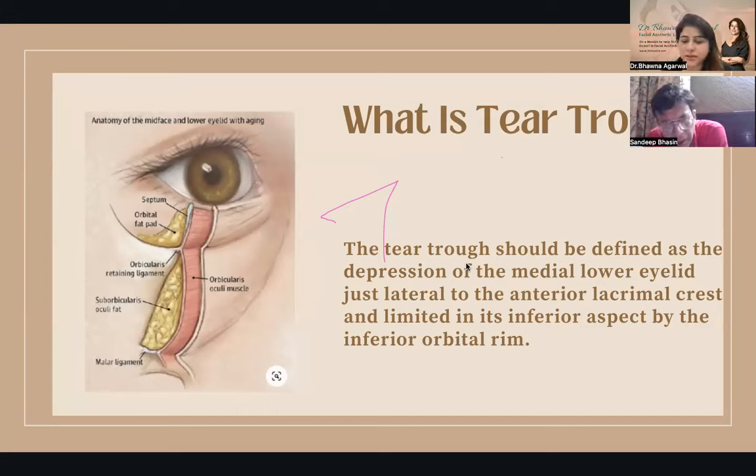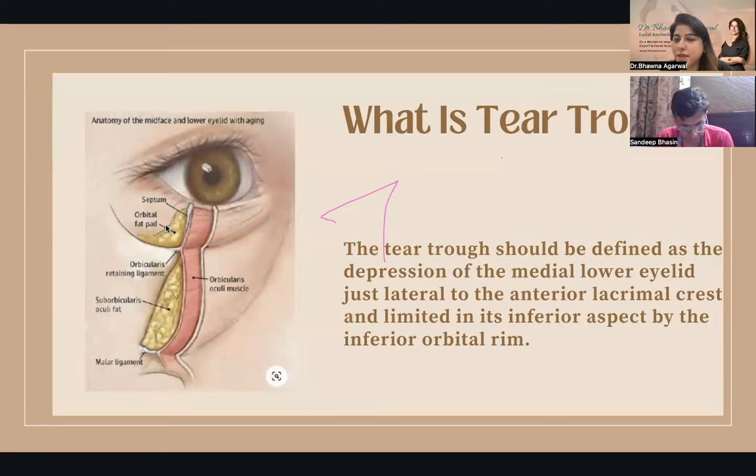Right. Now, another thing is when people inject behind the orbital septum. In the first two mistakes, what usually people do is they inject above the ORL or they inject behind the orbital septum. If you go behind the orbital septum, the product can stay for more than 10 to 12 years. MRI studies have proven that the product is there.